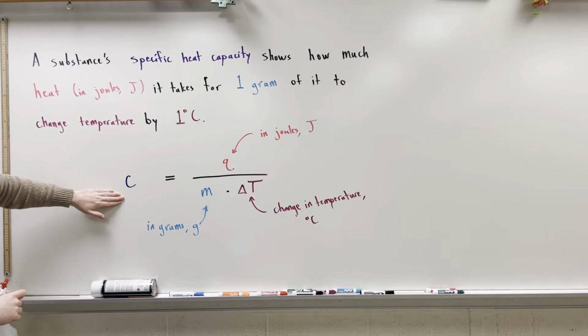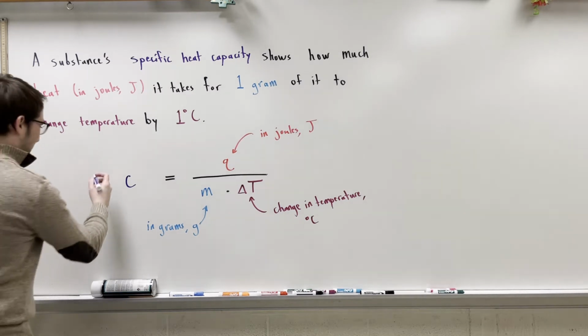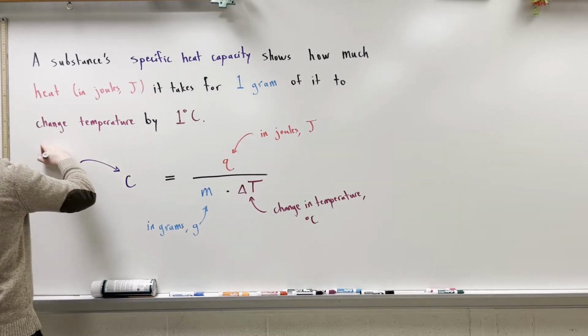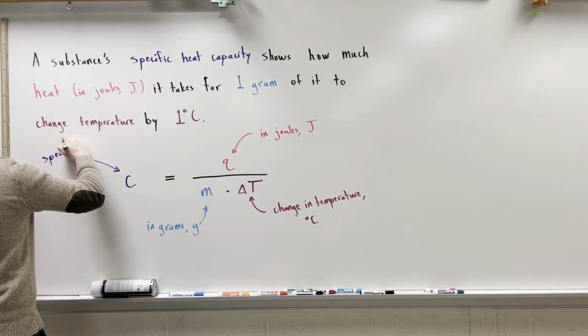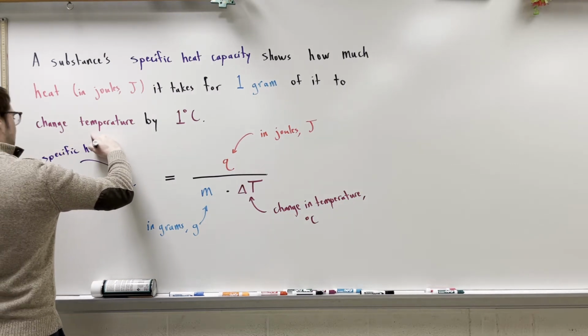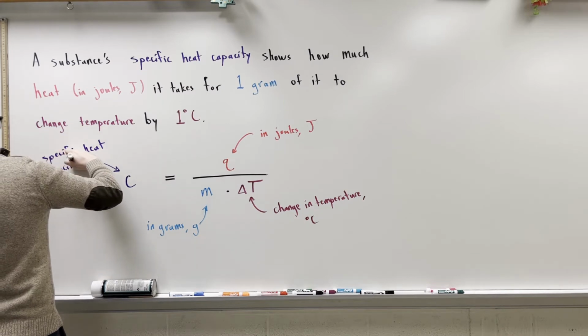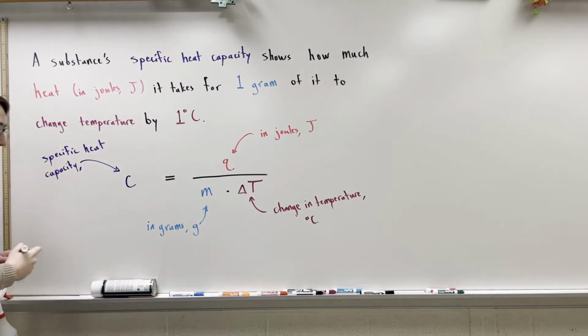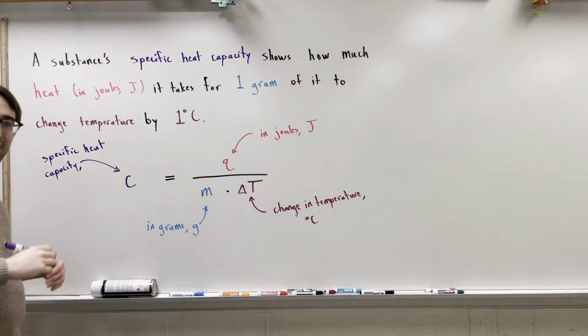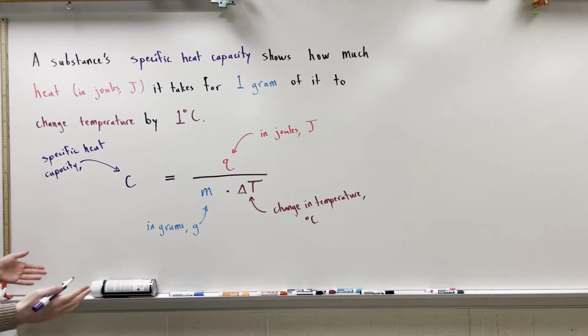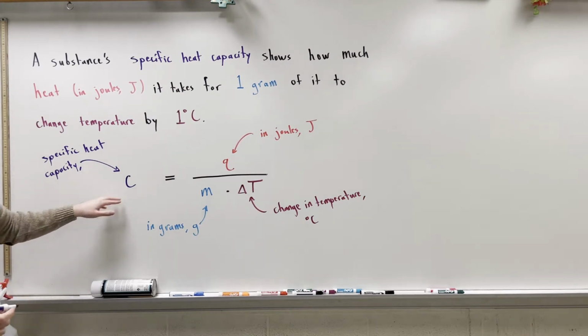Okay, so c is our specific heat capacity. Okay, and again, it's measured in joules per gram degree Celsius.